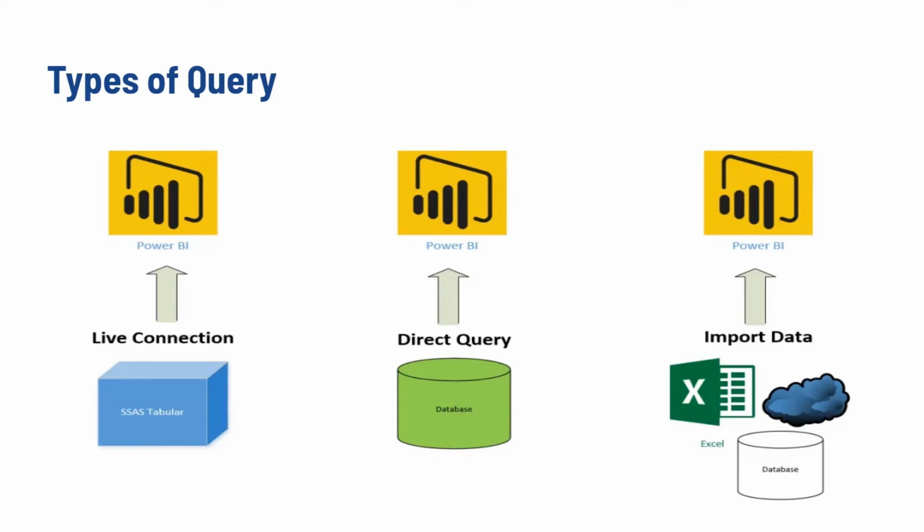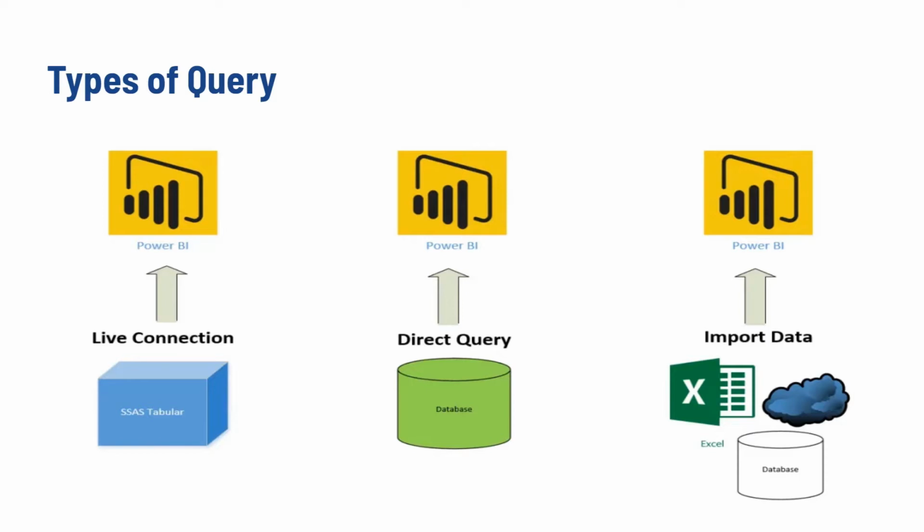Direct query is a direct connection to the data source. Data will not be stored in the Power BI model. And lastly, live connection. Live connection is very similar to direct query in the way that it works with the data source. It will not store the data in Power BI and it will query the data source every time.